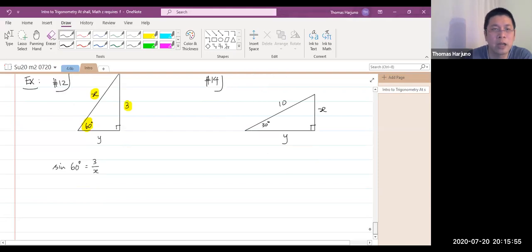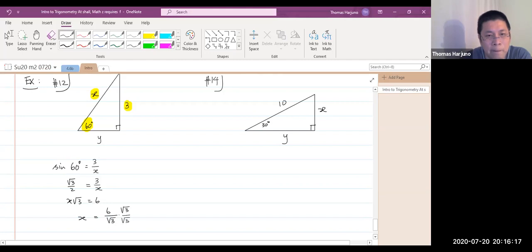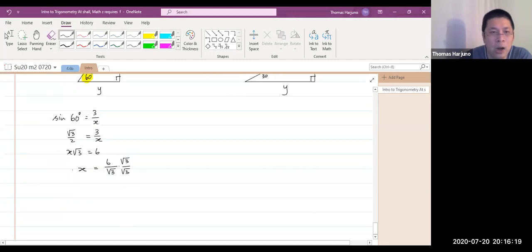Now, sine 60 degrees is radical 3 over 2, equals 3 over x. Cross multiply, x square root of 3 equals 6. So x equals 6 over square root of 3. Rationalize the denominator. We get 6 radical 3 over 3. That's 2 radical 3.